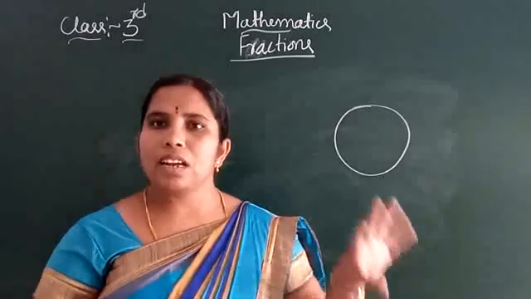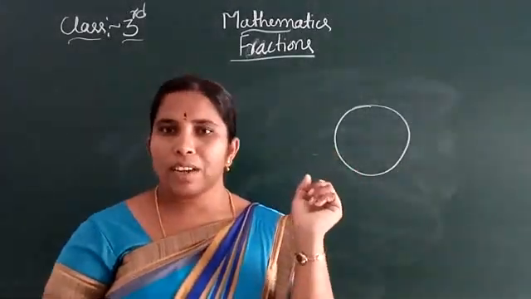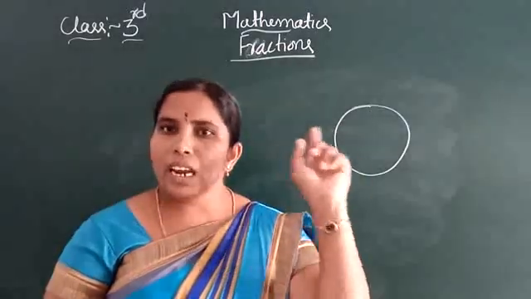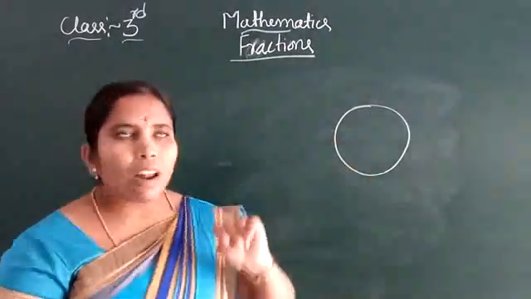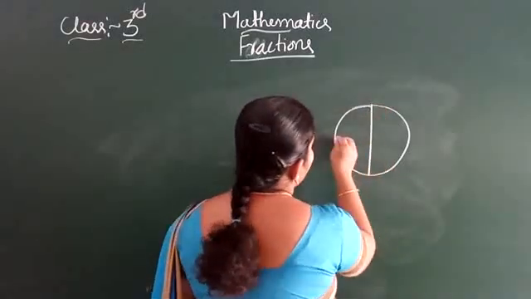Why? Because there are 4 close friends. So divide it into 4 equal parts. See, 4 equal parts.